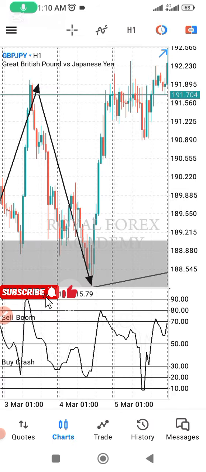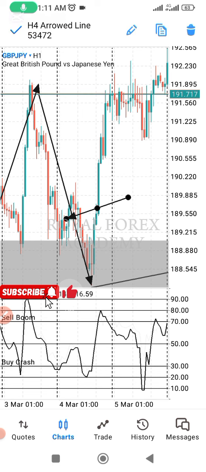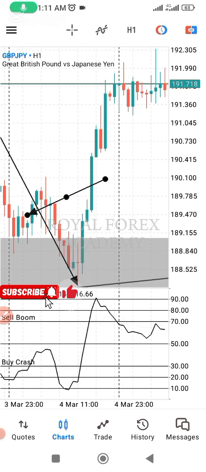So when price came to that zone, look at what happened. Here now we have a doji, and after that we have this bullish engulfing candle. And of course, this bullish engulfing candle covers so much. You can see that this particular bullish engulfing candle covers how many bearish candles? 1, 2, 3, 4, 5.